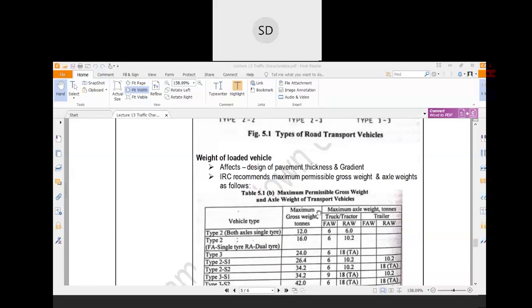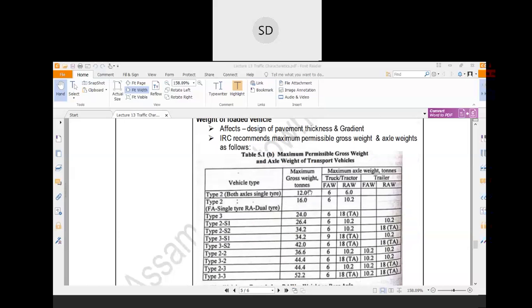Now IRC has recommended maximum permissible gross weight and axle weights as follows. This is the table. So basically, considering these weight values, you will design your road section.